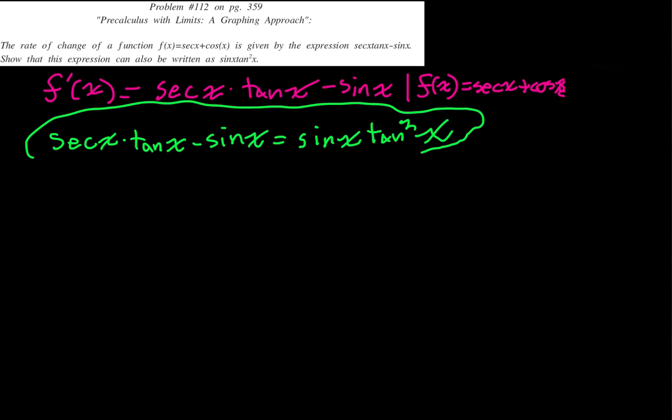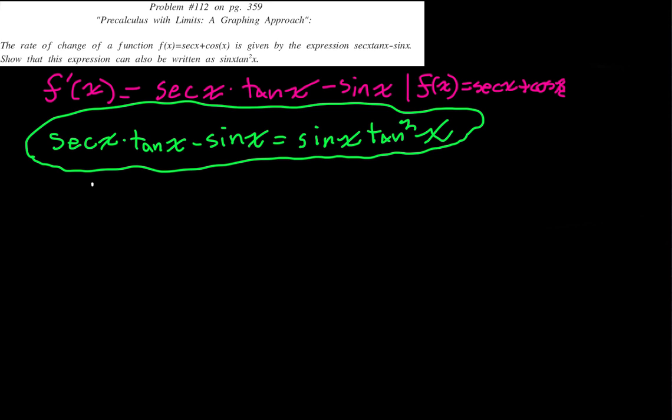And we're meant to verify that this is indeed correct, given the information here, using various trigonometric identities that we've learned. So when I do these problems, I like to start by changing everything into sines and cosines. It just helps simplify things for me. So we know that the secant of x is 1 over cosine.